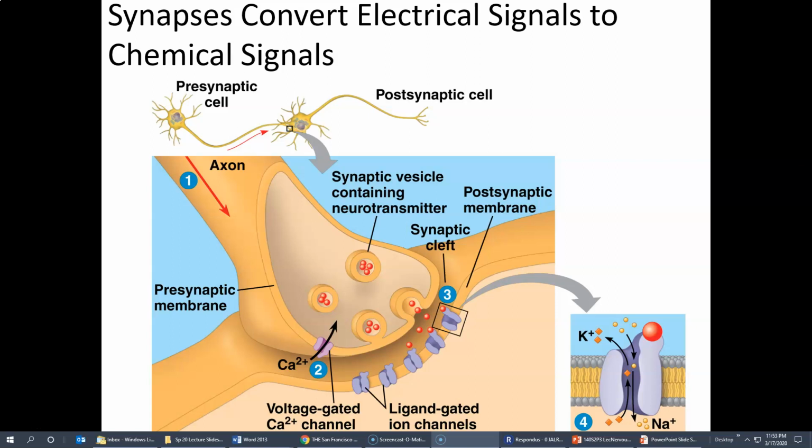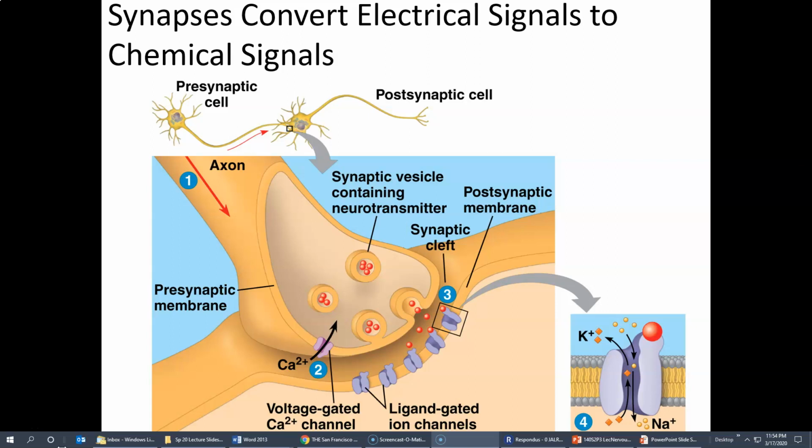We're talking about synapses in class. Synapses convert electrical signals to chemical signals. To be honest, electrical signals are really just chemical signals anyway, as we'll see in a little while. So as the action potential comes down the axon, it gets to the synaptic end bulb, or some sort of synaptic ending.